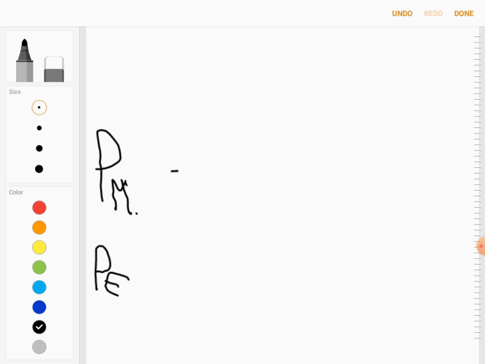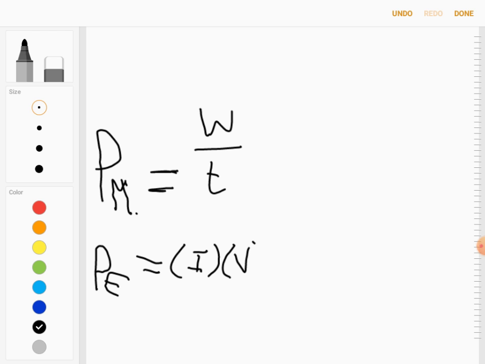The equation that can be used for mechanical energy would be work over time, and you can multiply the current by the voltage to get the electrical power. This is useful when you're doing those problems, if you do. On that activity, you have force, distance, time, current, and volts as different examples.